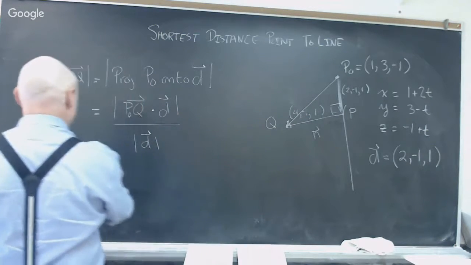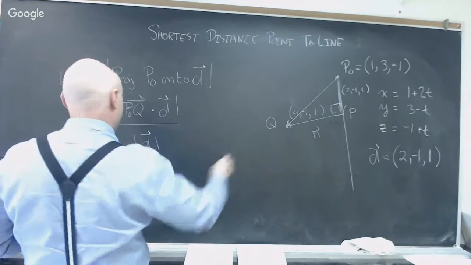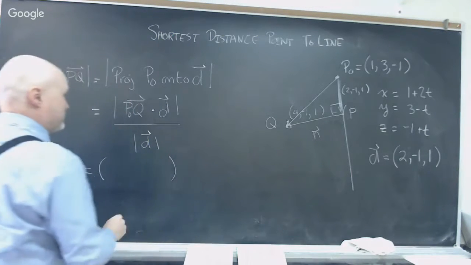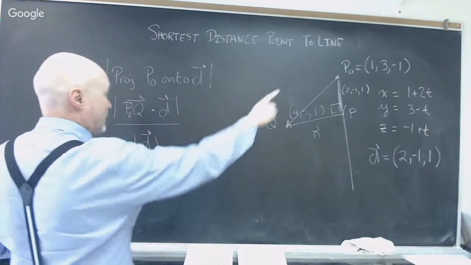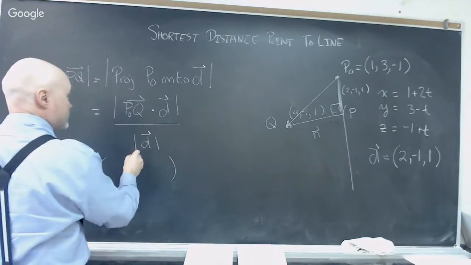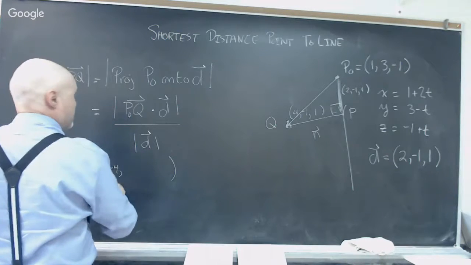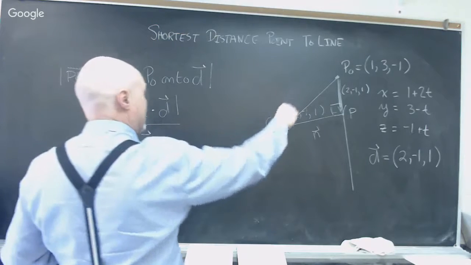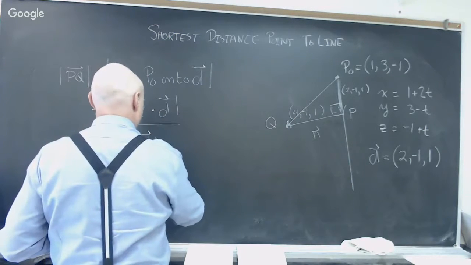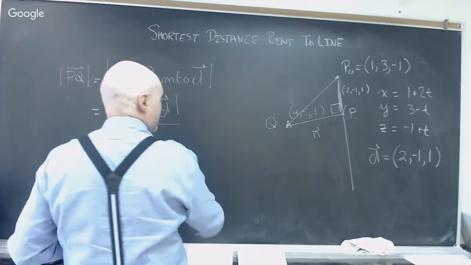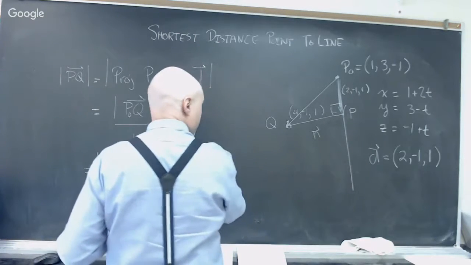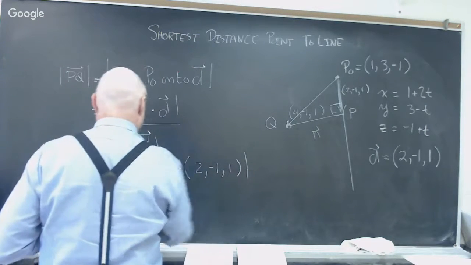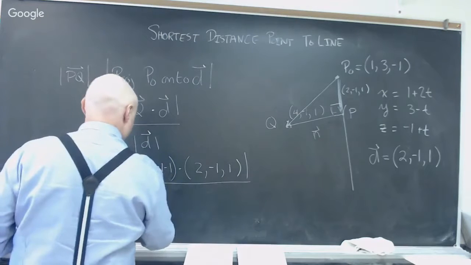All right, so let's get busy here. Oops, P naught Q, yes, no, I'm doing the right thing. Let's go from P to Q. So 1 minus 4, 3 minus -1, and -1 minus 1, dot the direction vector over the magnitude of the direction vector.